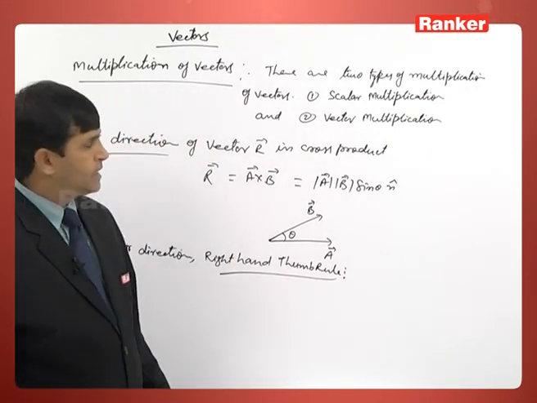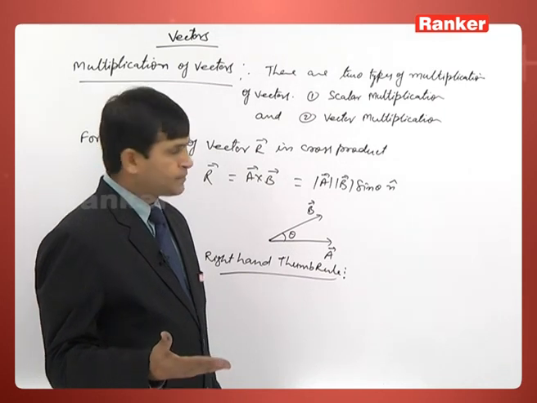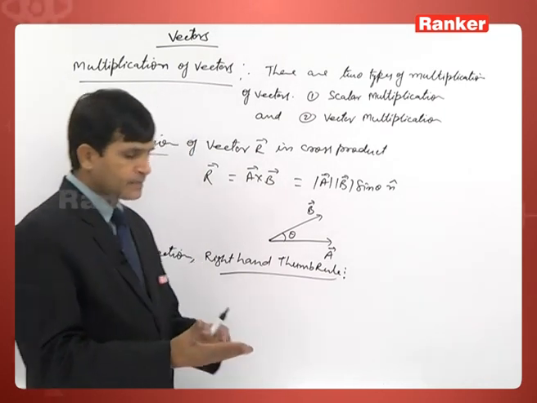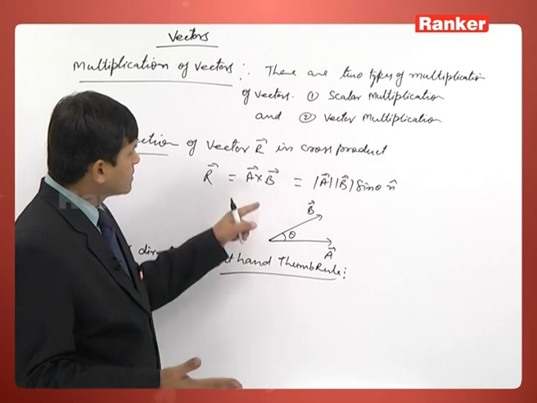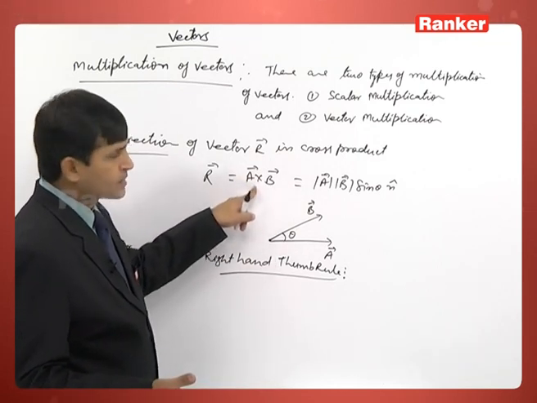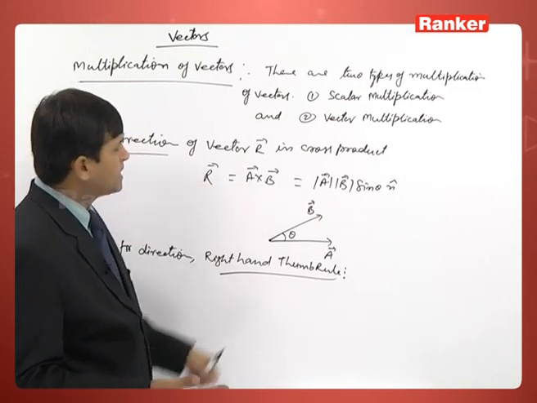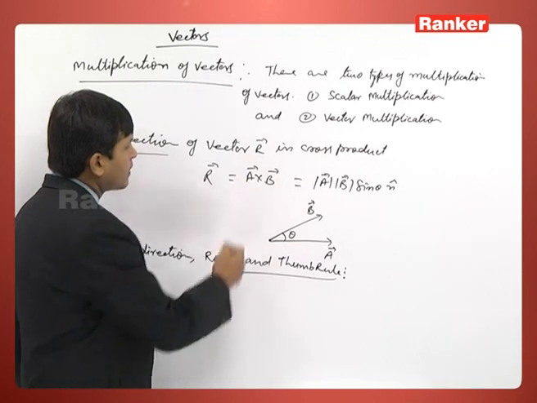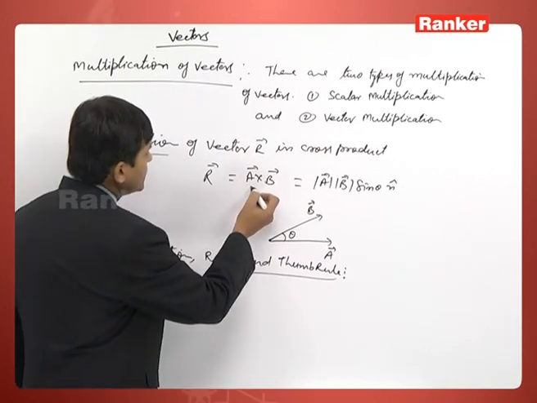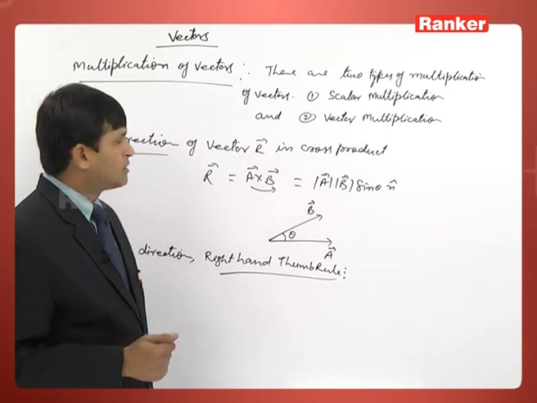So, what is that rule here? Stretch your right hand fingers and thumb in such a manner that the fingers are moving from vector A to B. As we are finding r equal to A cross B, the fingers are moving from A to B, like this. Then the thumb gives the direction of vector r.